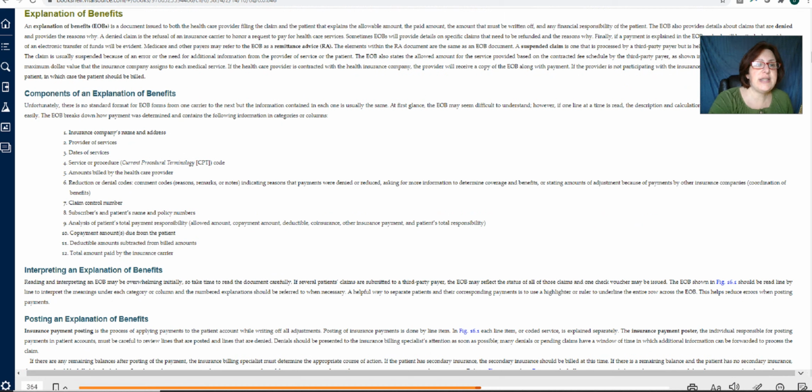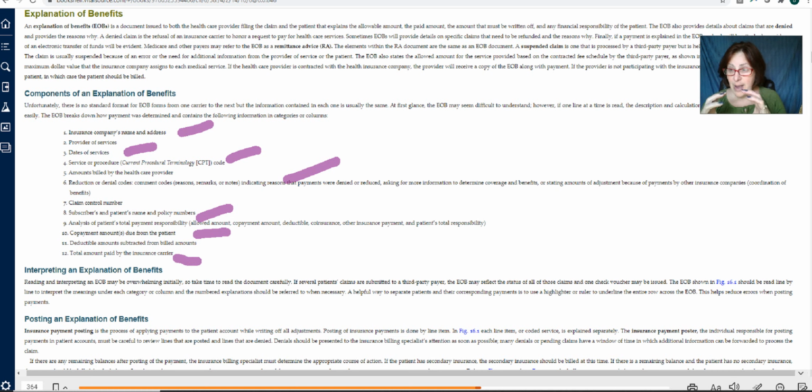So it's going to indicate who's the insurance company that is sending you this document, who was the patient, what was the date of service, what was it you billed, what did they reduce or deny, and they'll give you reasons for those, what amount was due from the patient, copays, deductibles, coinsurance, and how much is being paid to the doctor.